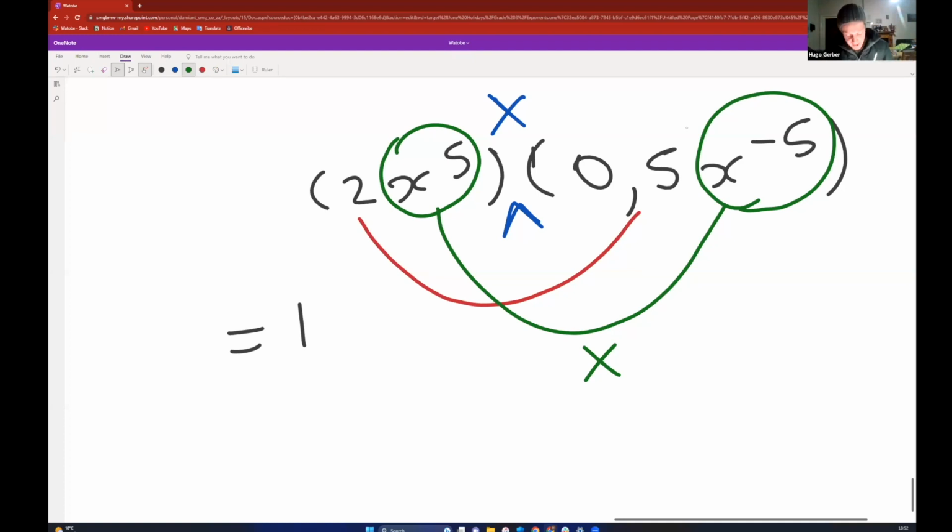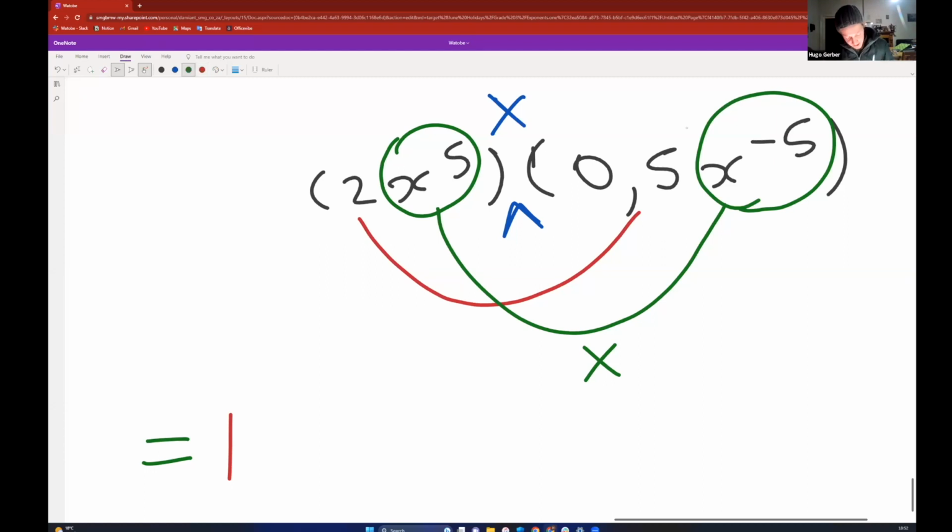So we're going to have, just give myself some more space over here. I'm just like Teacher Sam now, not giving myself enough space to work with. So I'm going to put the equal here. And then I have my 1, which was the 2 times 0.5.